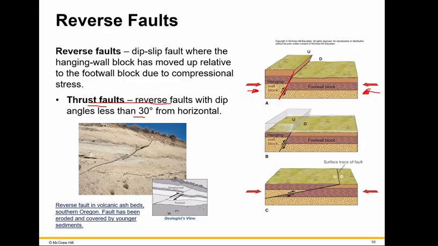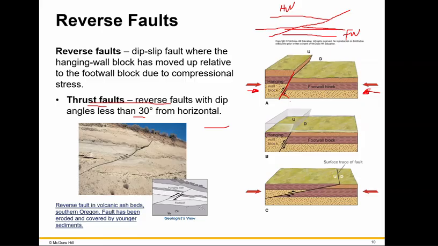Now, when this angle here is less than 30 degrees, you're going to have something like this. So this is the hanging wall, and this is the footwall.